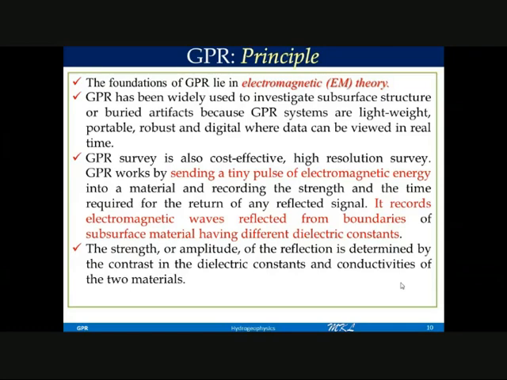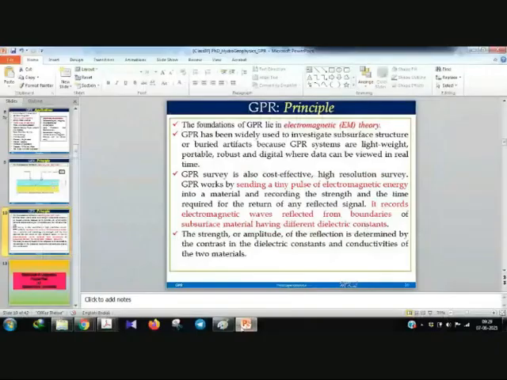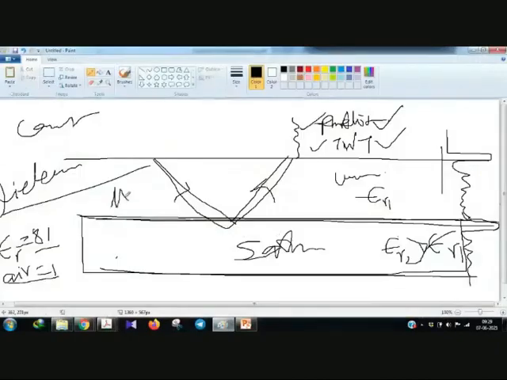Generally, for the sake of simplicity, permeability mu does not change over the area. Mu will be the same, or if it's changing, it will be a very negligible amount. So we generally take mu as constant for all the layers, mu equals mu zero.